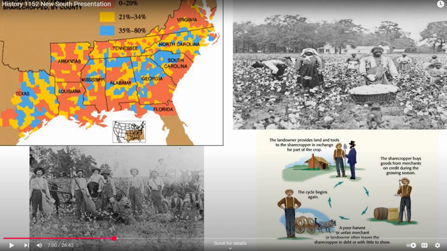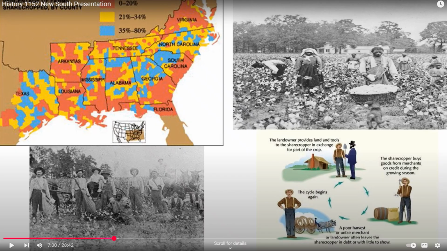And if there's a good harvest, then he'll sell his cotton, and he'll give a share of the cotton to the landowner and to the store owner, and the debts will be paid, and he will save some money to potentially buy some land, possibly even the land that he's currently working on the farmstead.